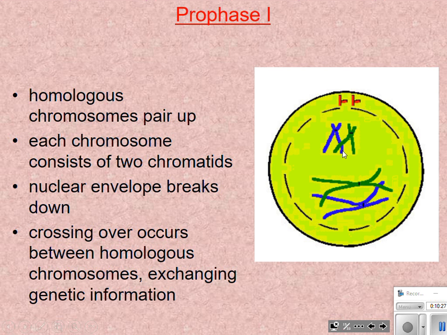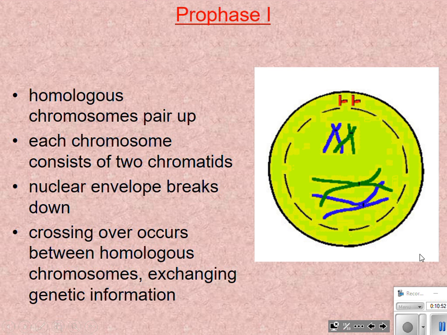What happens in crossing over is that they switch the chromosomes, so to speak. They switch the chromosomes, so this blue X might just have a little green spot down at the bottom. But we'll talk about crossing over later on.